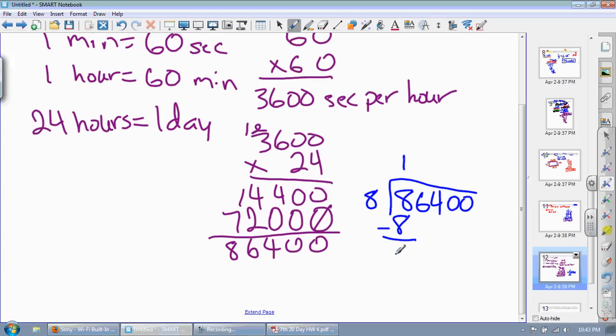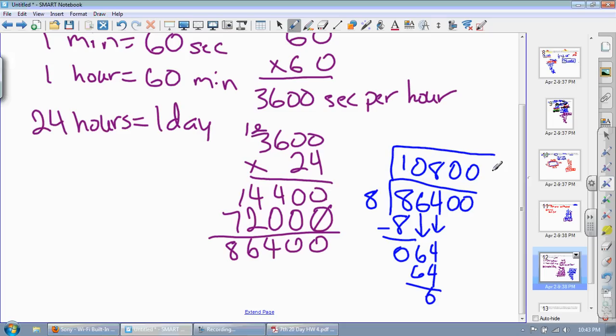Bring down the 4. 8 goes into 64 8 times. There's nothing left to divide, so we just add a couple zeros here, and we can say that how many Slinkies get made per day? There's 10,800 Slinkies.